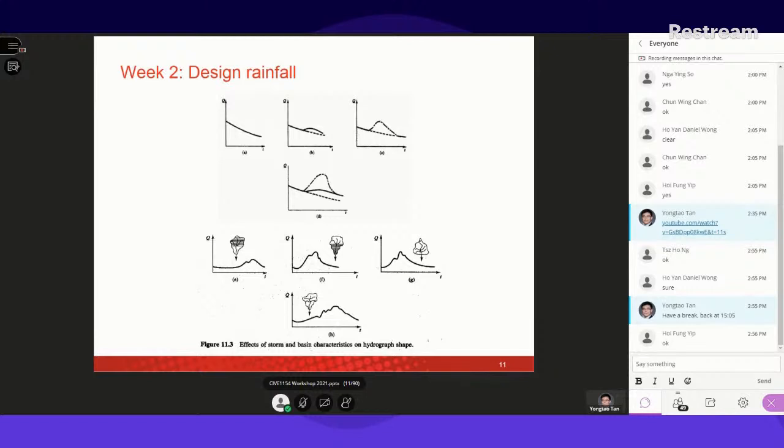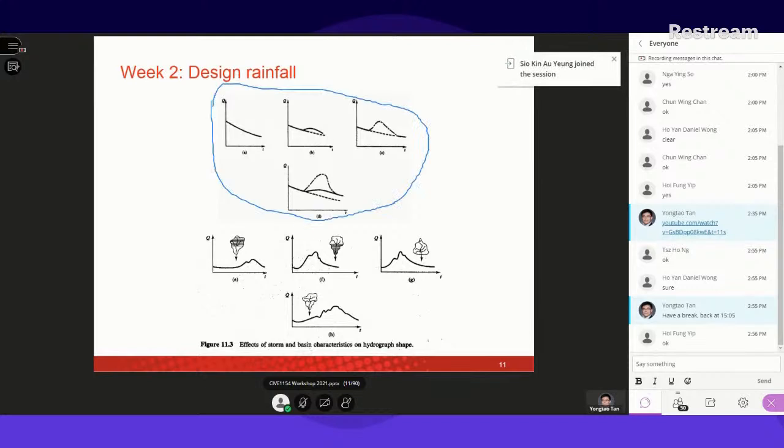In this figure, A to D, these four charts are showing the hydrograph of a stream flow.